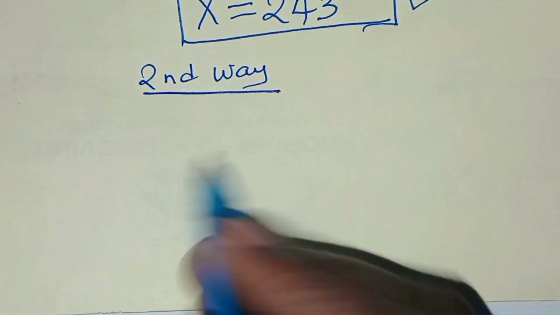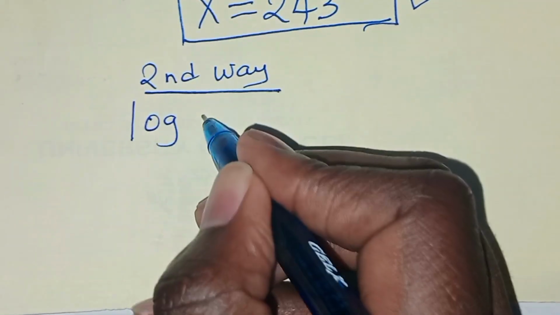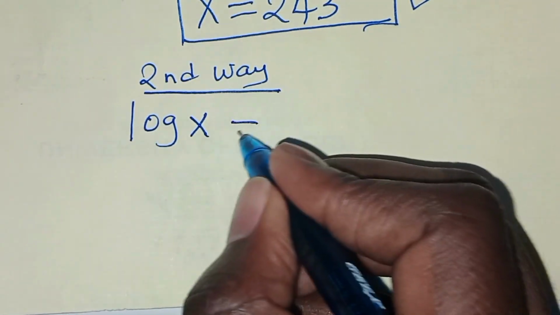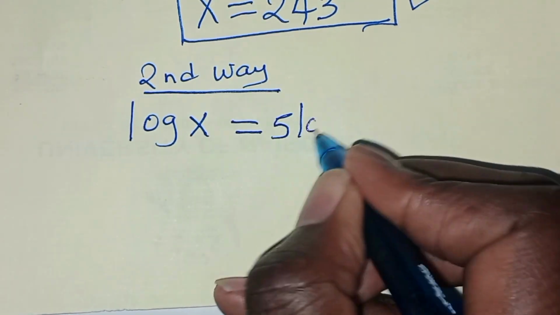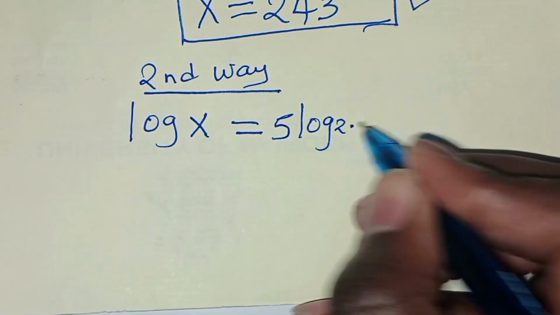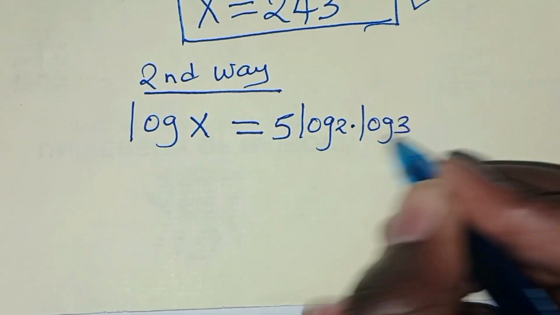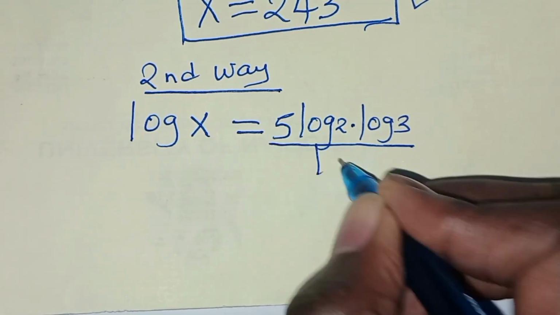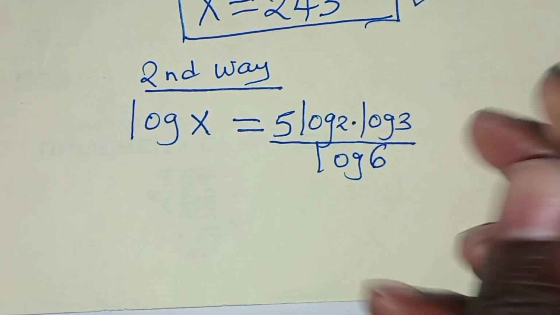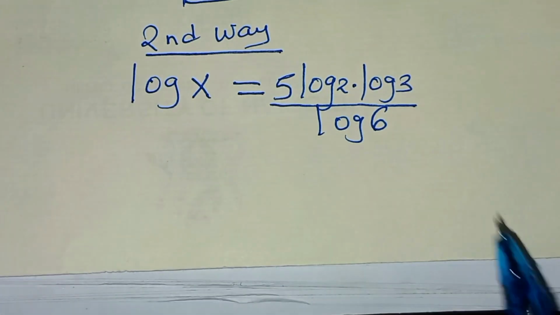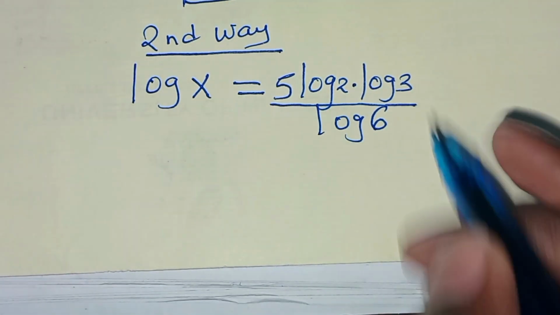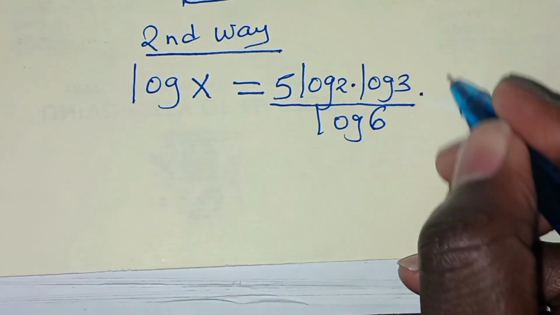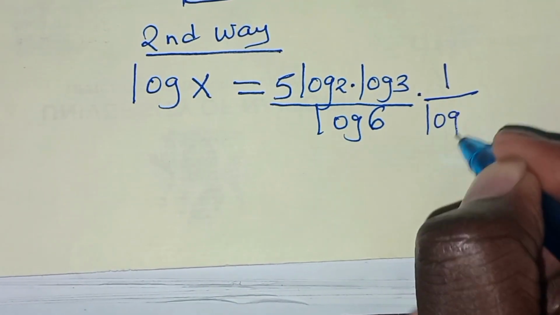We have that log x is equal to 5 log 2 multiplied by log 3 divided by log 6. The next step here is to multiply both sides by 1 over log 2.